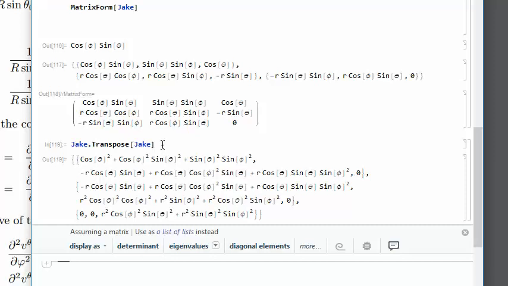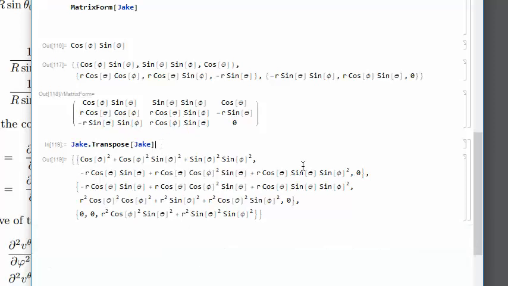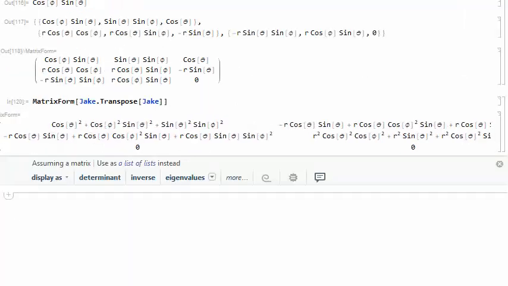It doesn't look symmetric just yet. It's pretty enormous, but you can see some things, like here we've got a cosine squared theta, here a sine squared theta, here a cosine squared phi and a sine squared phi, and those are both being multiplied by sine squared theta.